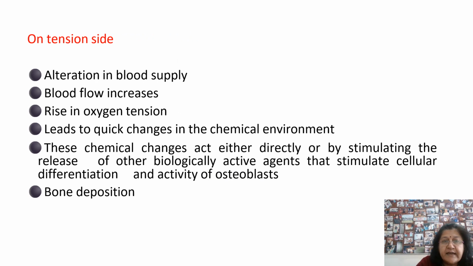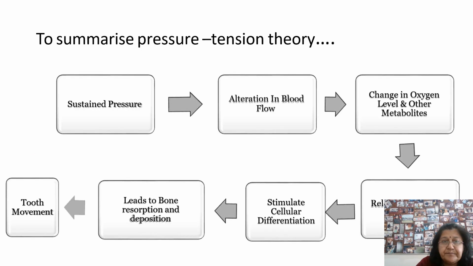On the tension side, there is again alteration in the blood supply and here the blood flow increases, with a rise in oxygen tension, which again leads to changes in the chemical environment which stimulate cellular differentiation. But here there is activity of the osteoblasts and bone deposition takes place.